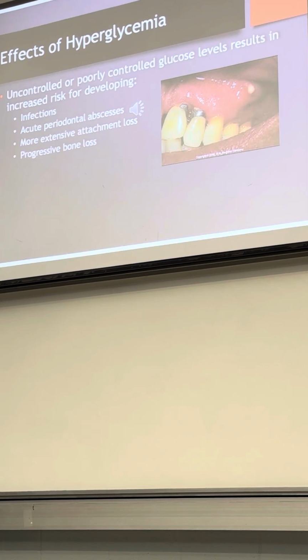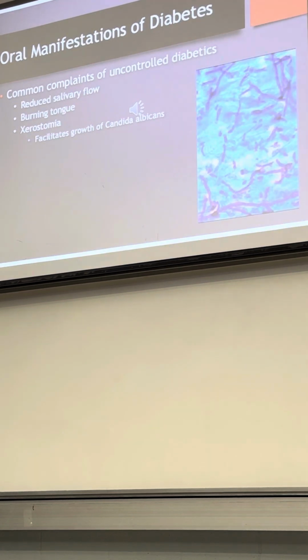Okay, so again, uncontrolled or poorly controlled glucose levels result in increased risk for developing other infections. There are acute periodontal abscesses, more extensive attachment loss with these patients, and more progressive bone loss. That's what you're seeing in that picture, an abscess up there.